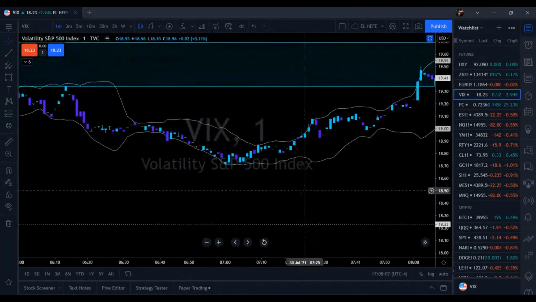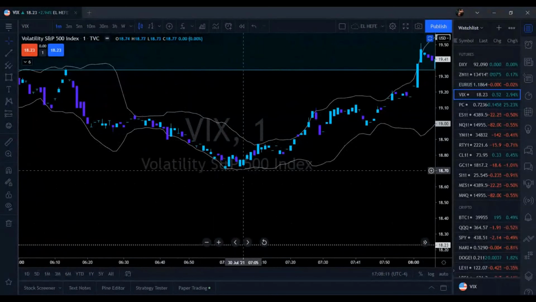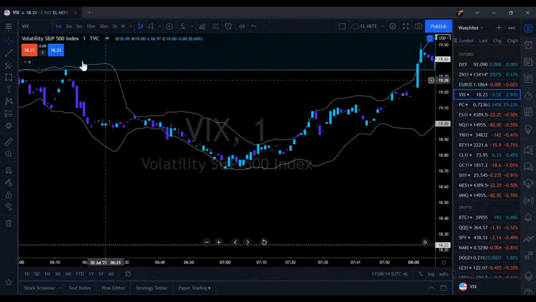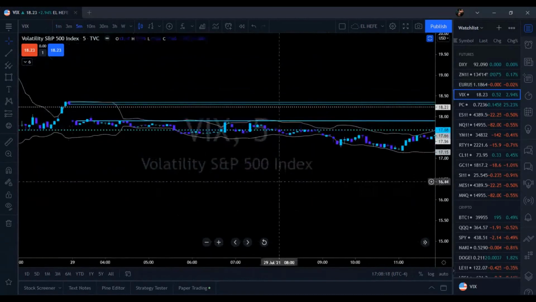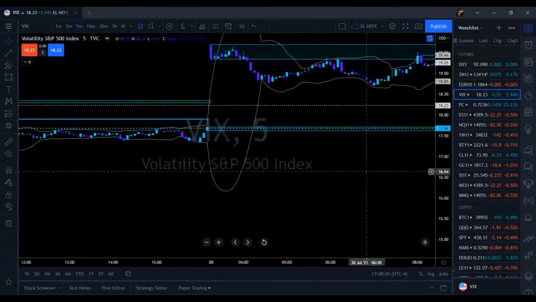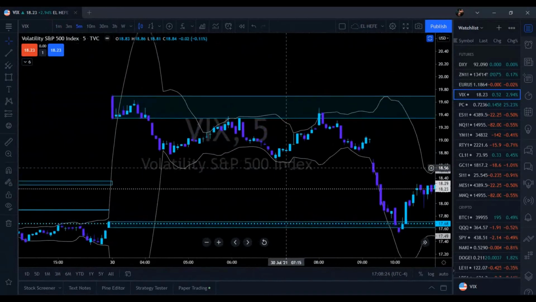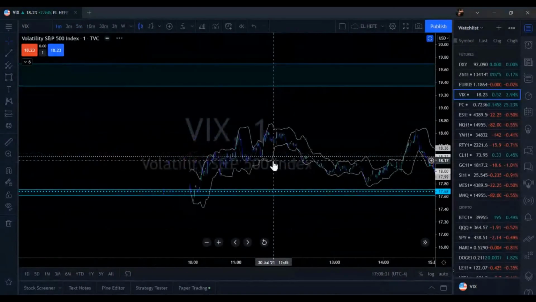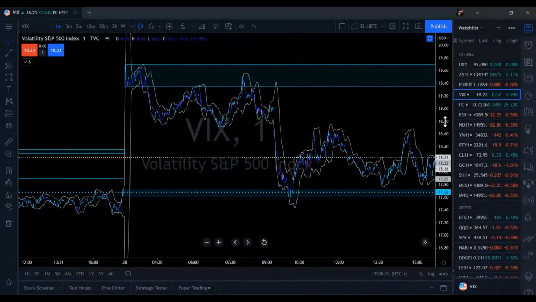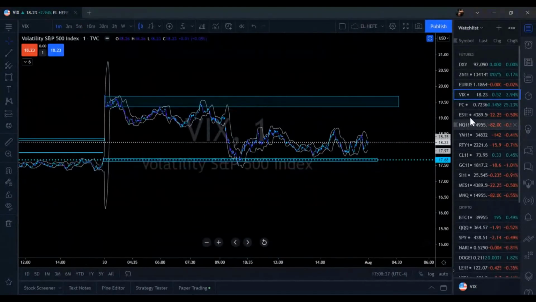Yeah, VIX didn't really confirm on that deal. Let's see if it confirmed maybe on... Nope. It did not confirm. So probably you wouldn't have put too much size on that one, just knowing that it did not confirm on the VIX as well.